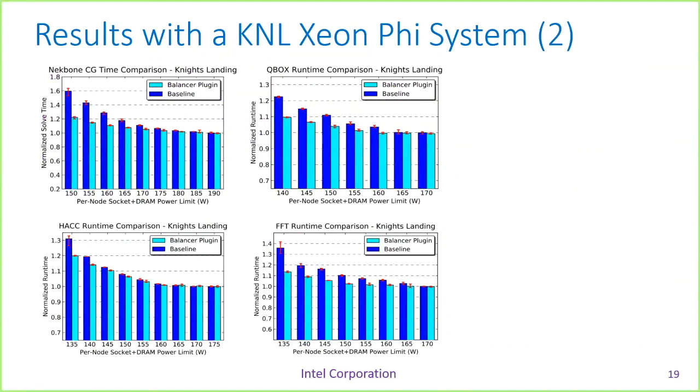As a general trend, what you see is that the amount of benefit that the power balancer plugin can provide is highest when you're capping job power more, when the job is more power constrained. As you would expect, when you're not constraining job power, there isn't much opportunity to raise the frequency.